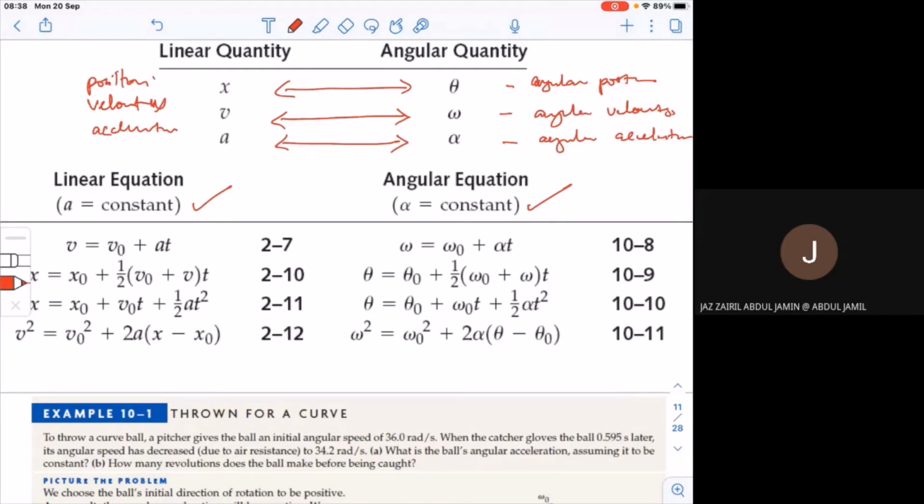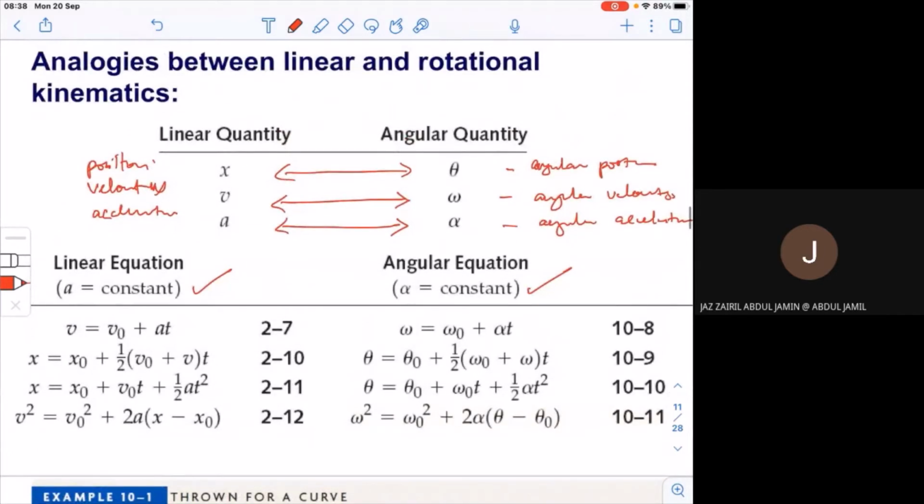Basically, these are the linear equations. Look at the left part first, which is v equals v naught plus at. The conditions under which you can use the linear equations 2.7, 2.10, 2.11, and 2.12 are based on acceleration being constant. These are the rules that allow us to use the linear equations.